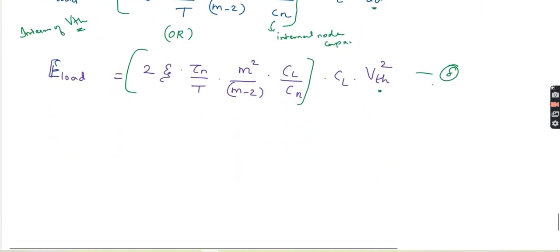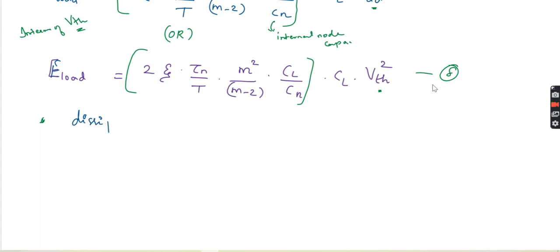So now from this you can make a dissipation. The power dissipation is decreasing linearly with increasing T. See here this T, right?